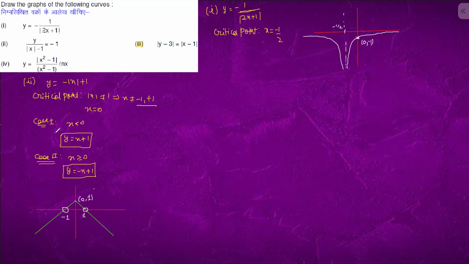We are moving to the next question. Question number 3. We are given that |y minus 3| equals to |x minus 1|. We'll find the critical point for x.